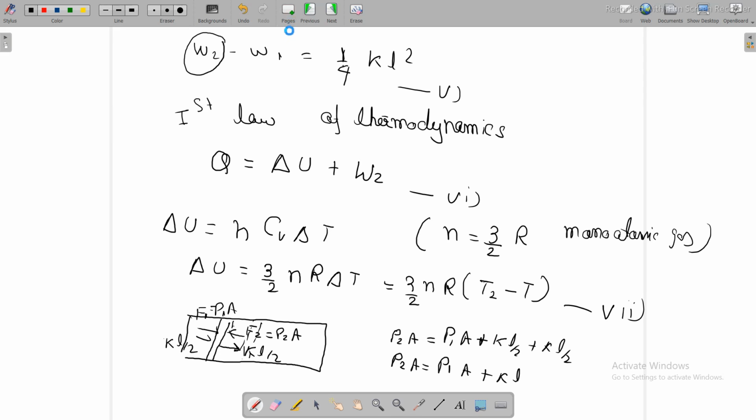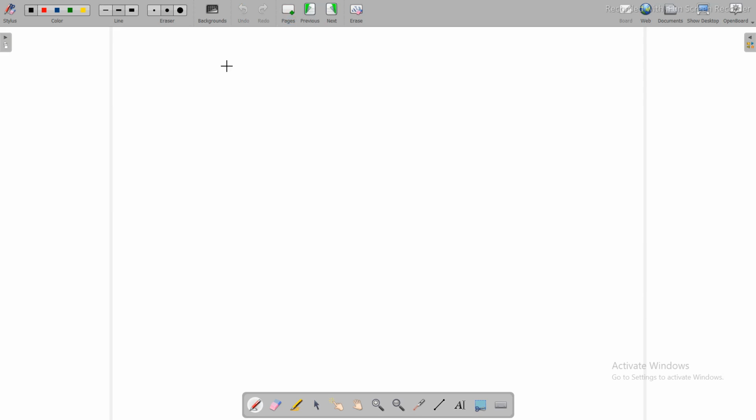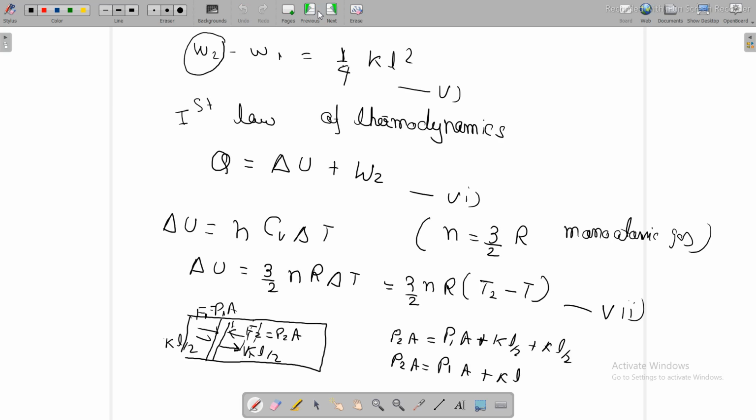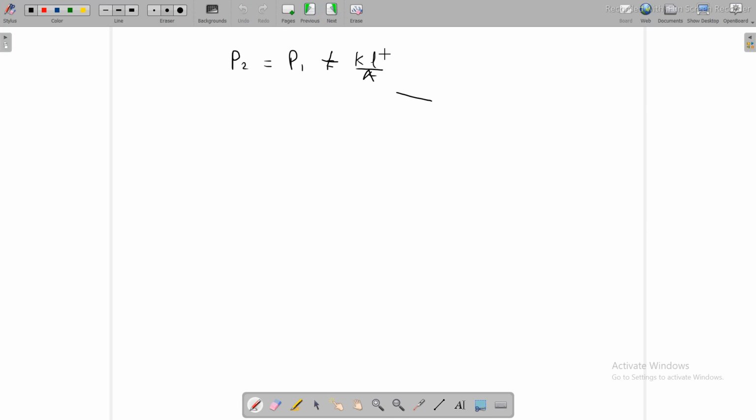Therefore P2 is equal to P1 plus KL by A. This is equation 8th.